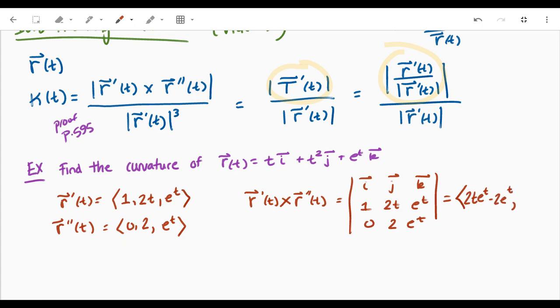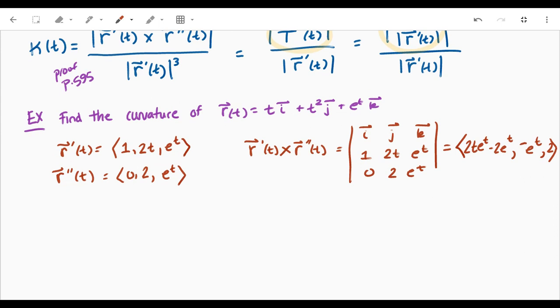And then negative e to the t minus 0. And then positive 2. Okay. If you want, we can simplify that out. 2e to the t times t minus 1, negative e to the t, 2.